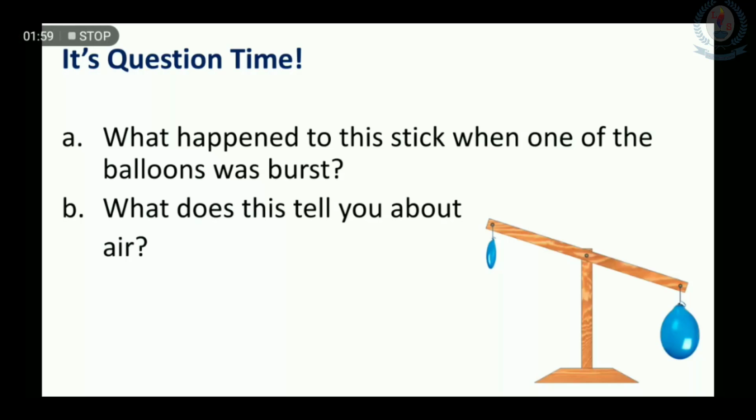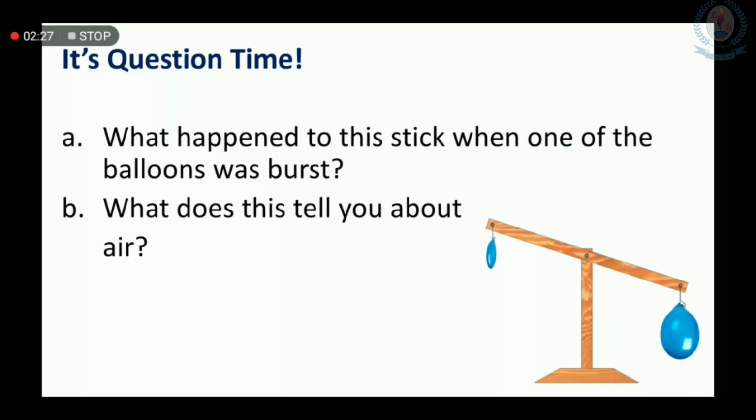Now what happened? What happened to the stick? It got balanced or unbalanced, children? Yes, it got unbalanced, right? Okay. So now I am going to ask you two questions based on this phenomenon. First question is, what happened to this stick when one of the balloons was burst?